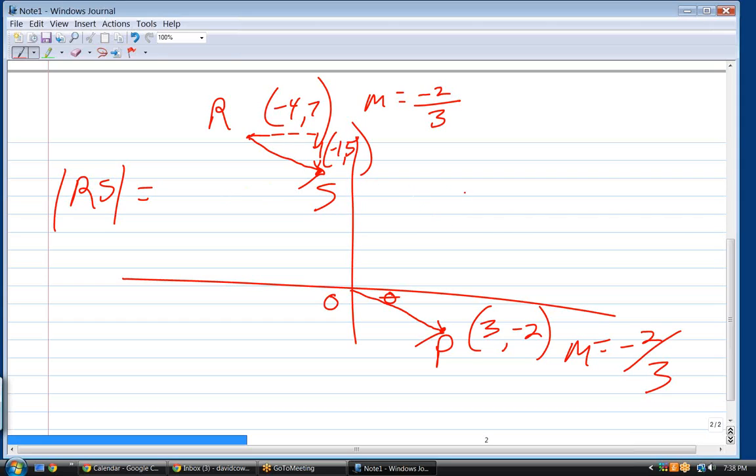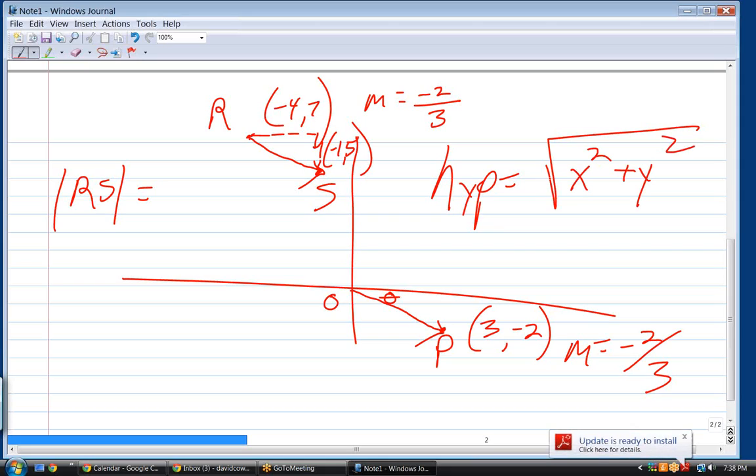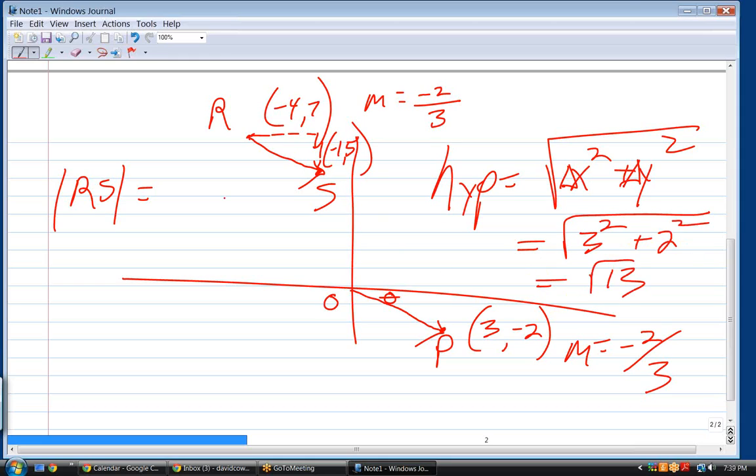The hypotenuse of a triangle, and this is something you really want to memorize because you're going to have to do it so many times in the next couple of years, is the square root of the sum of the other sides squared. And let me put a delta in there. It doesn't matter if it's negative or positive. What is the difference in the x-coordinates for RS? 3. And the difference in the y-coordinates? 2. So the square root of 13 is its magnitude.